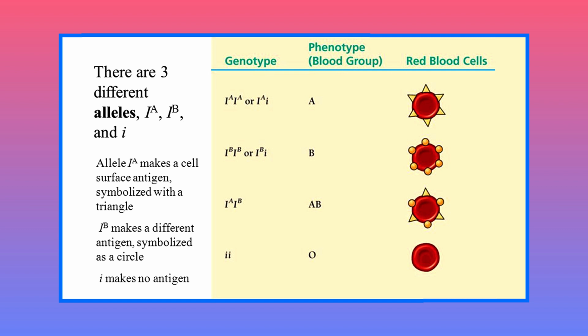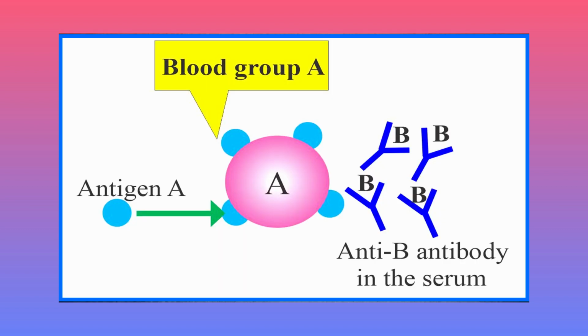With small i alleles, thus lacking the dominant alleles, there would be no such modification of the H antigen on the red blood cells. So a genotype of IA IA or IA small i would result in H antigen with N-acetyl galactosamine on the red blood cells, a trait indicating type A blood.